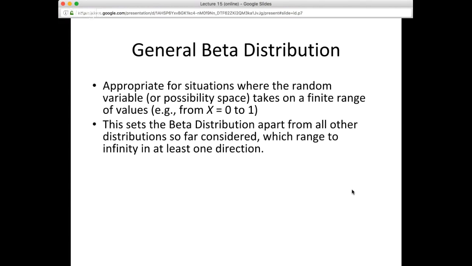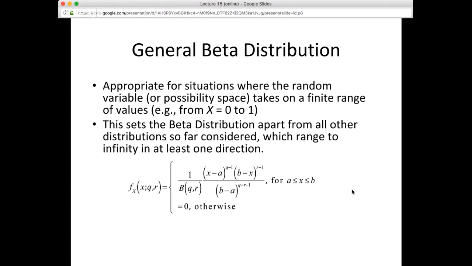This fact that the random variable takes on only a range of values, one of those ranges not being infinity, makes this distribution unusual, at least relative to the distributions that we've talked about so far, where infinity is at least one of the limits, if not both of the limits.